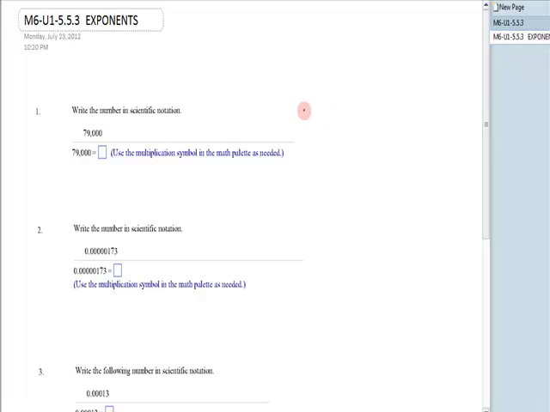All right, the first number is 79,000. I'm not going to put the comma in there right now. And it does say to use the multiplication symbol in the math palette as needed for the times sign. Okay, what will this be? The decimal point has to go here. It is right here. So I will have to move it 1, 2, 3, 4 places.